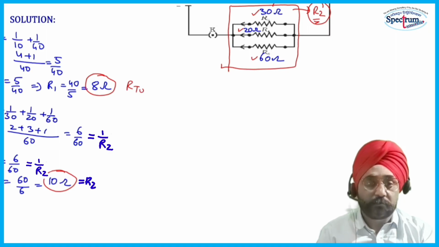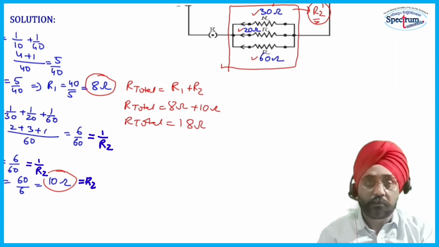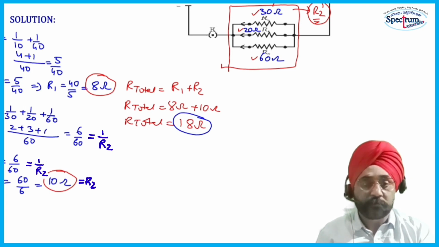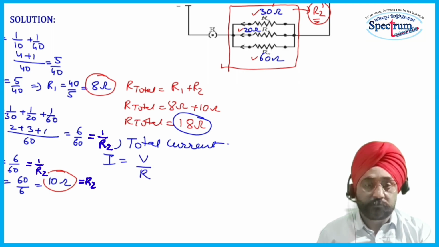R total is R1 plus R2, 8 ohm plus 10 ohm, this comes out to be 18 ohm. B part, total current I is equal to V over R. The potential difference is given, 12 volt.